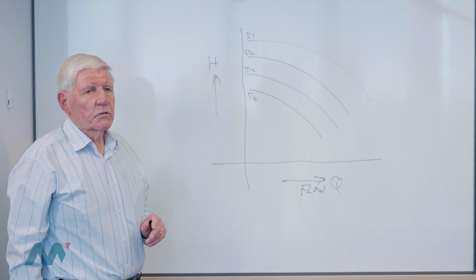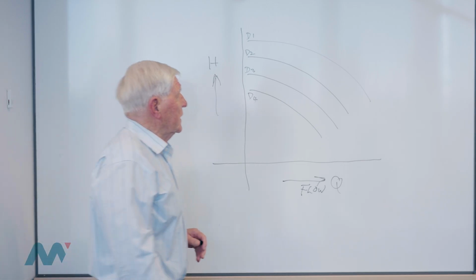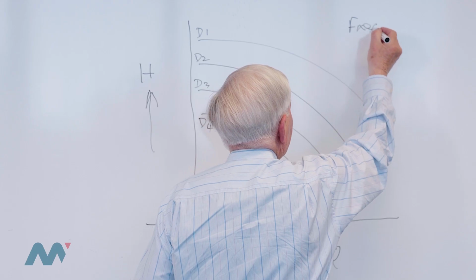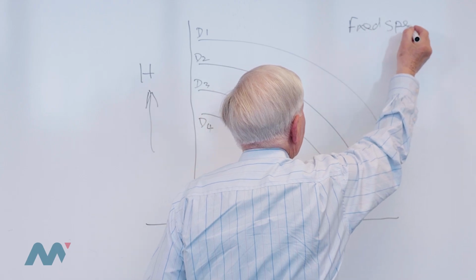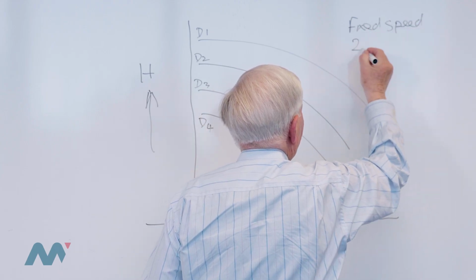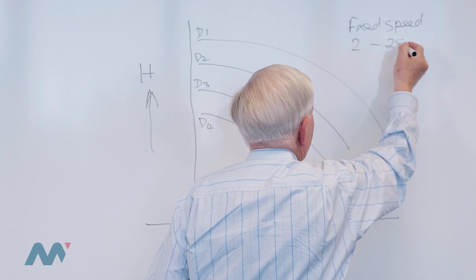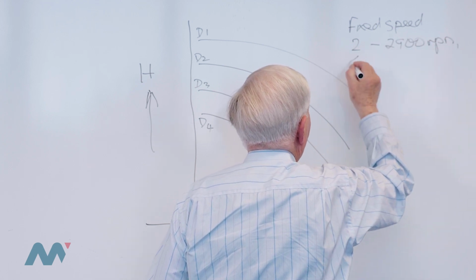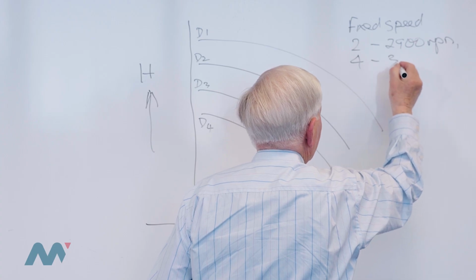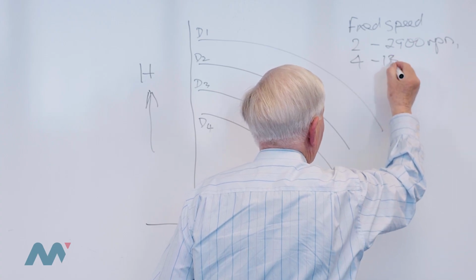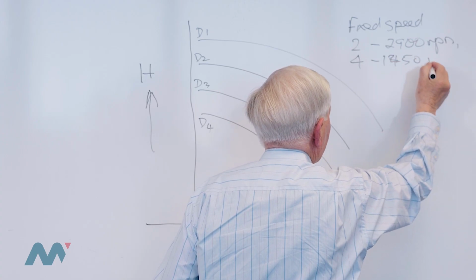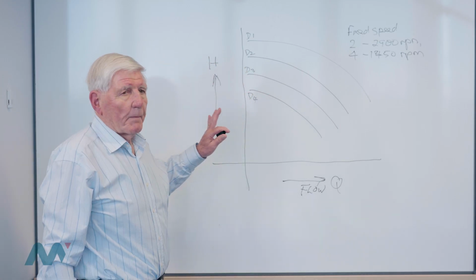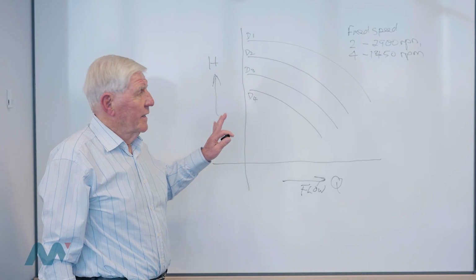That's typical of the sort of performance curve you would see for a fixed speed, and that might be a two-pole speed, which is 2,900 RPM, or it might be a four-pole speed, which is 1,450 RPM. So those are typical formats for a pump performance curve, okay?